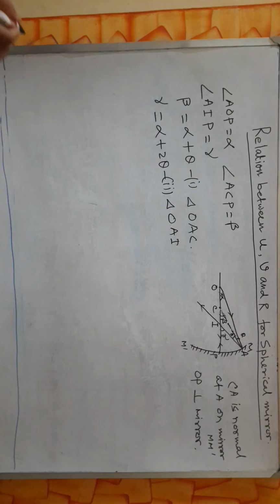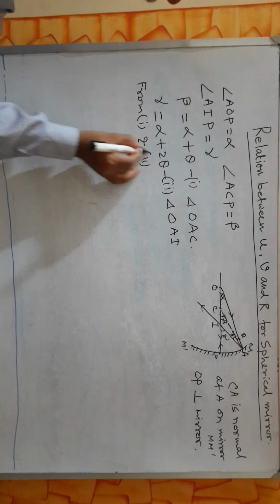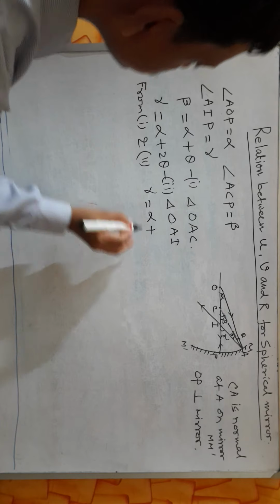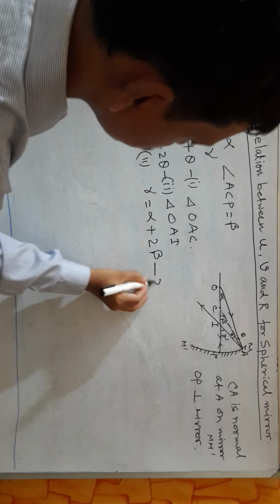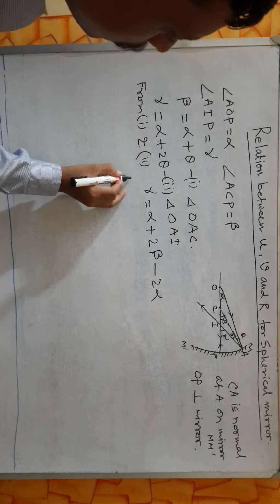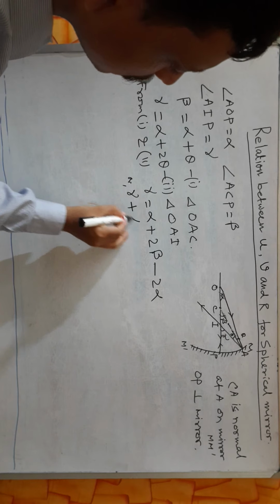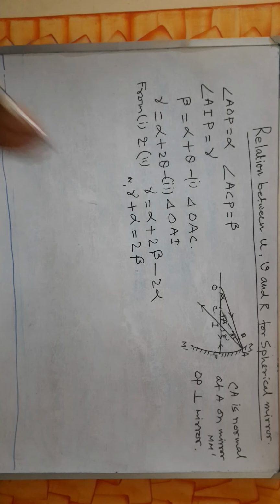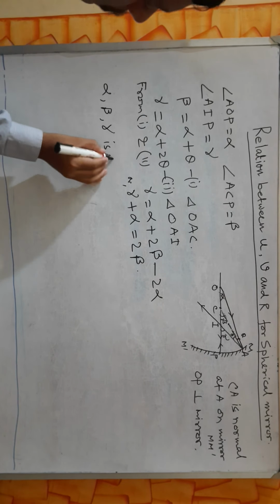From equations 1 and 2, gamma is equal to alpha plus 2 theta, where 2 theta is equal to 2 beta minus 2 alpha. So gamma plus alpha is equal to 2 beta.